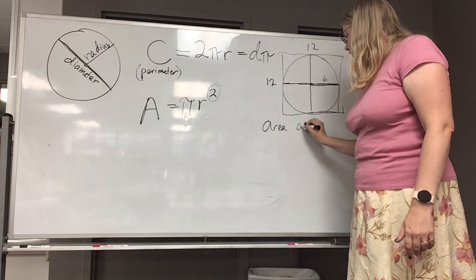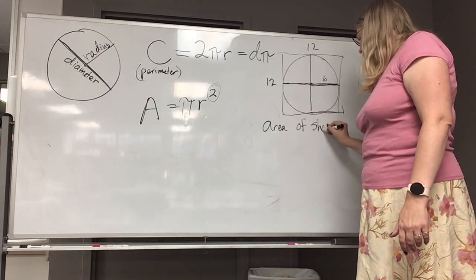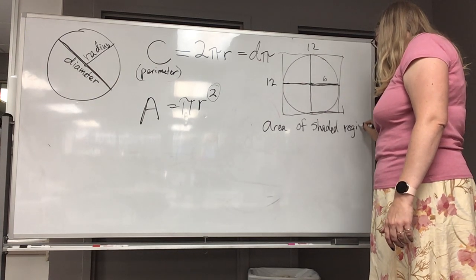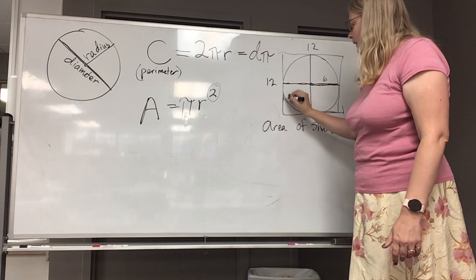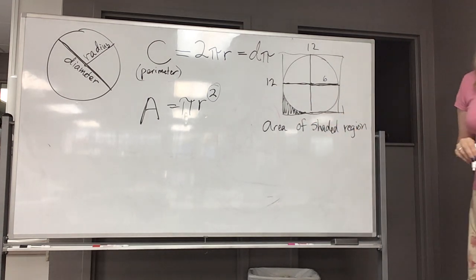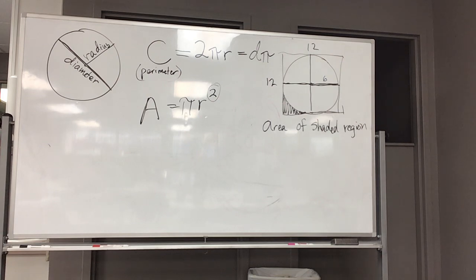The area of the shaded region. And all they've got is that little corner. How would we set it up now?